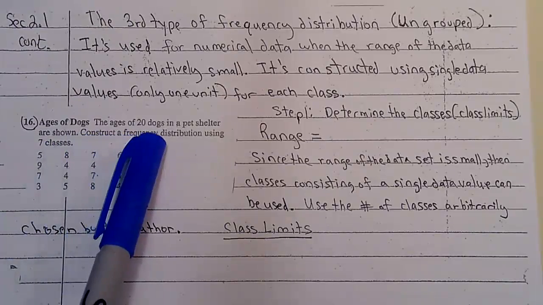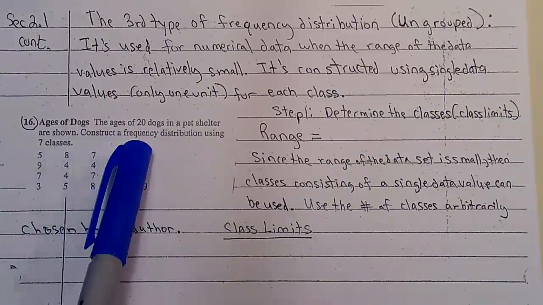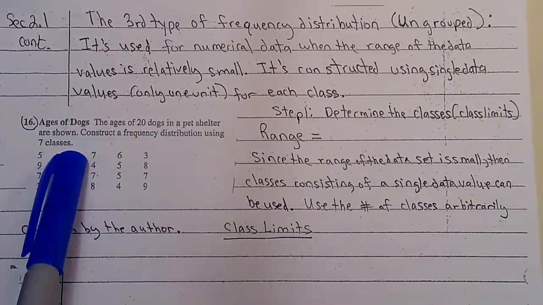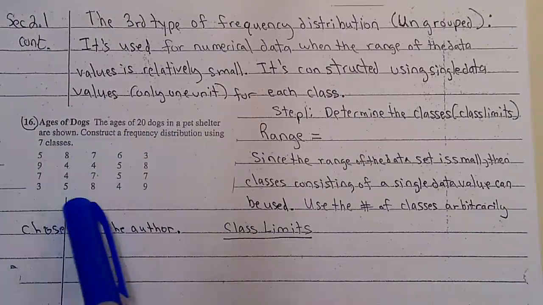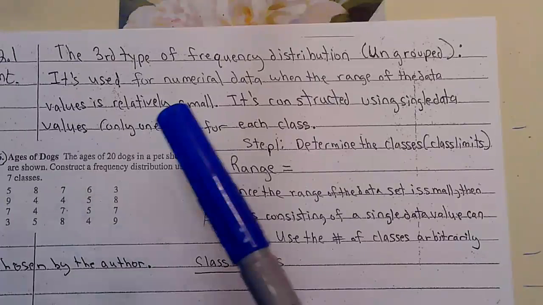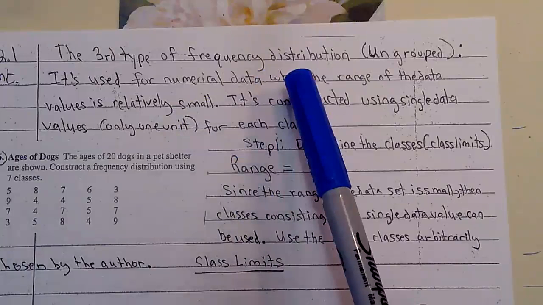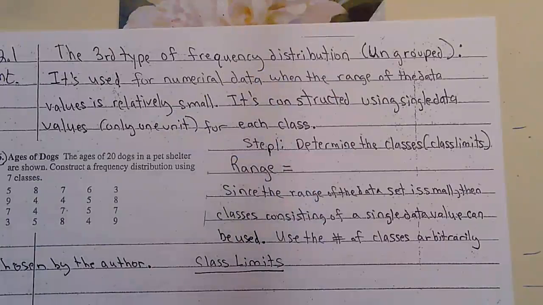The ages of 20 dogs in a pet shelter are shown. Construct a frequency distribution using 7 classes. So again, they have to tell you how many classes they want. But the thing is, look at the numbers, how small they are. And this is referred to as the third type of frequency distribution. So the first one was the group frequency distribution when you have large numbers.